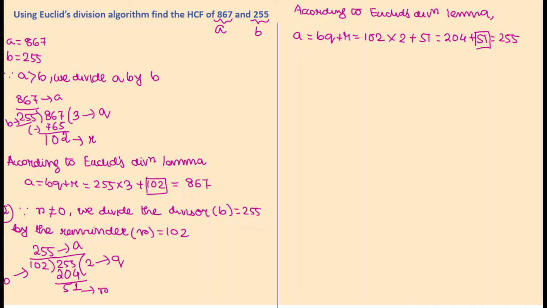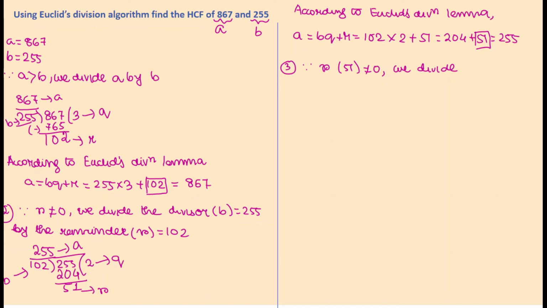So it's obvious that you have to go through the second division or a few other repetitive divisions to get the remainder as 0. So the third step, since the remainder, that is 51, is not equal to 0, we divide the latest divisor. Okay, you are not going to divide 255 by this.